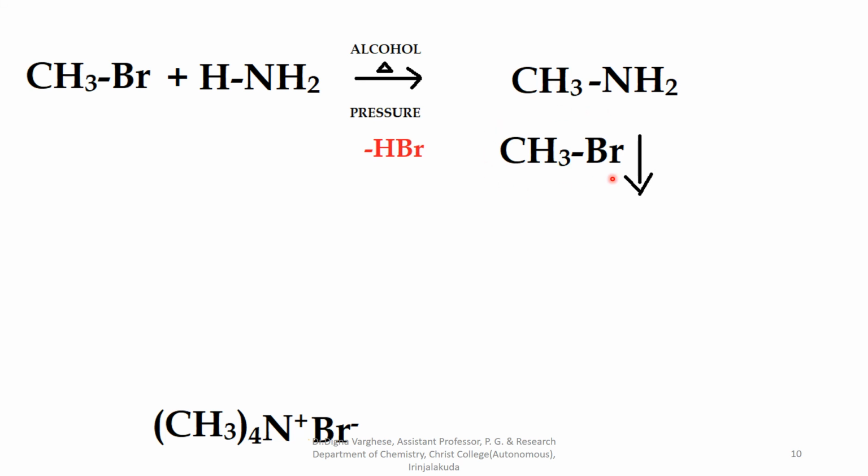Here you can see an example, that is methyl bromide reacts with ammonia in alcohol under pressure and temperature. It will eliminate hydrogen bromide, forming methyl amine, a primary amine, that will again undergo reaction with methyl bromide, minus hydrogen bromide, forming a secondary amine, dimethyl amine.